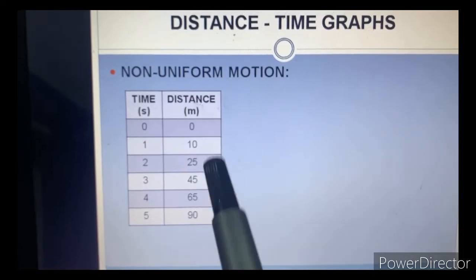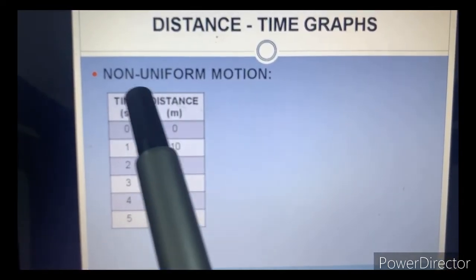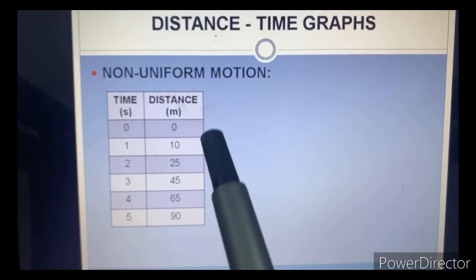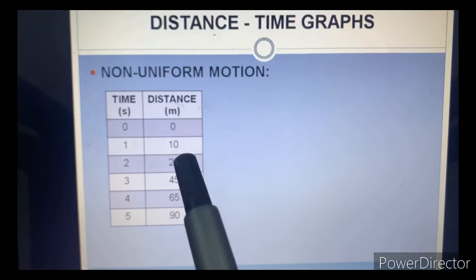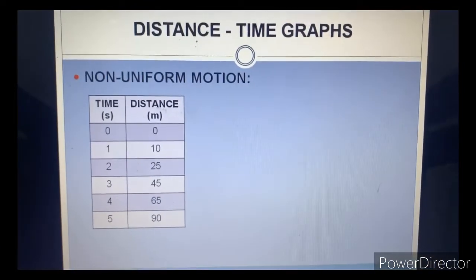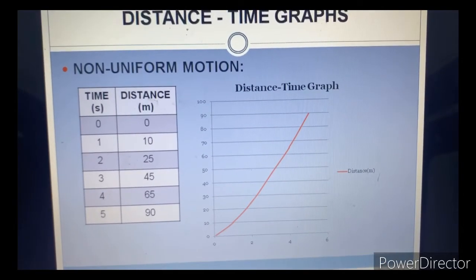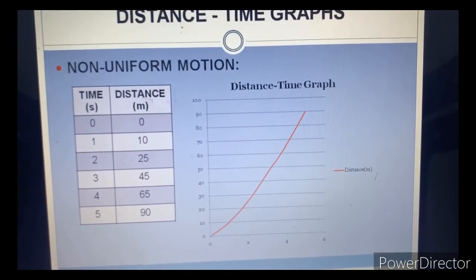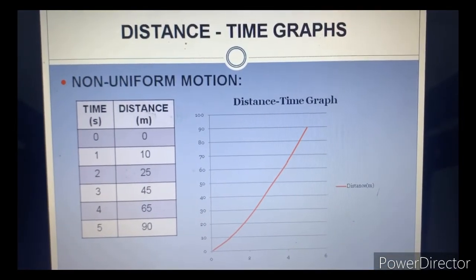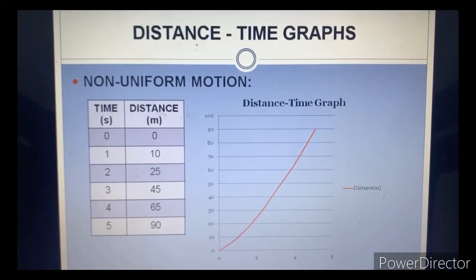They are not equal, they are not constant. That's why it is called non-uniform motion. At every second, they are not covering the same distance. Now see the graph of this. It is not a straight line, it is a curved line. Understood? So this is how these two graphs and these two motions are different.